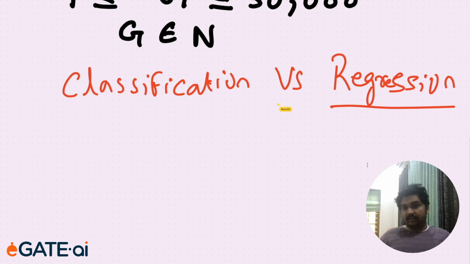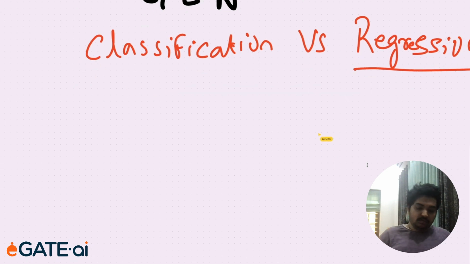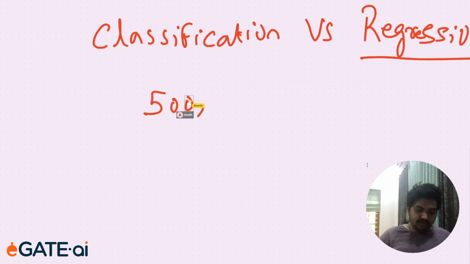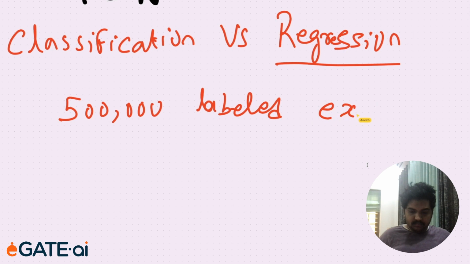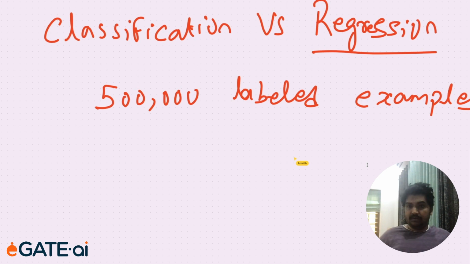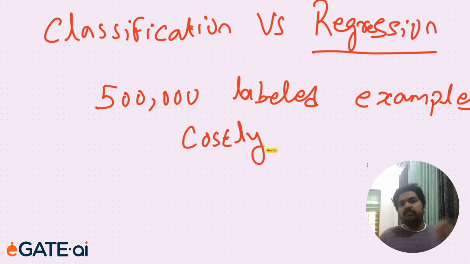That would mean I would have to collect 5 lakh, or 500,000, labeled data points, because I have 50,000 labels. Even if I'm assuming just 10 per label, it's costly. Cost need not always mean money; it can be the effort, or some other restriction, like the overall resource being costly.